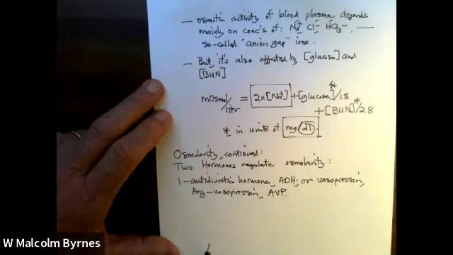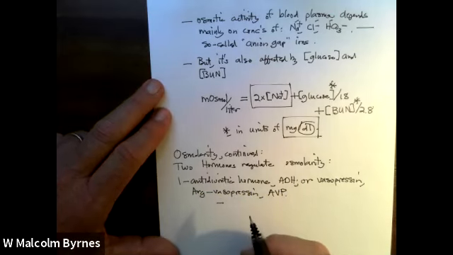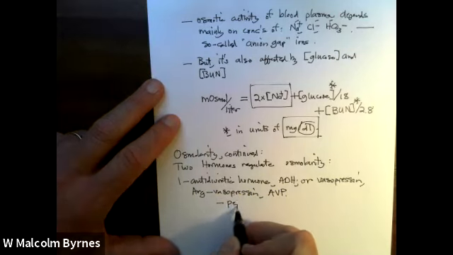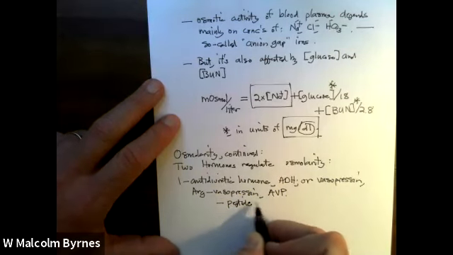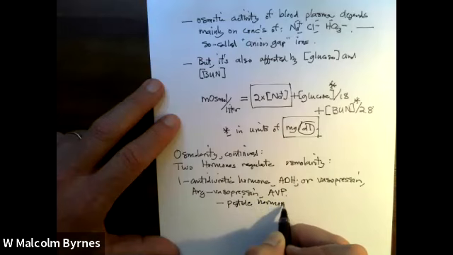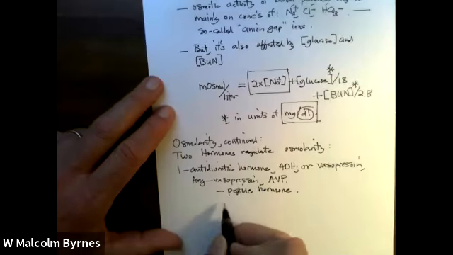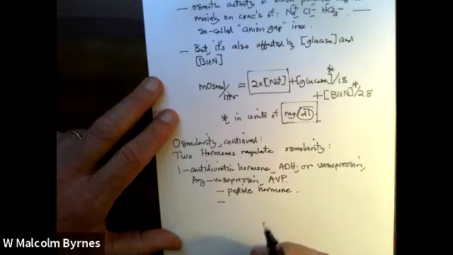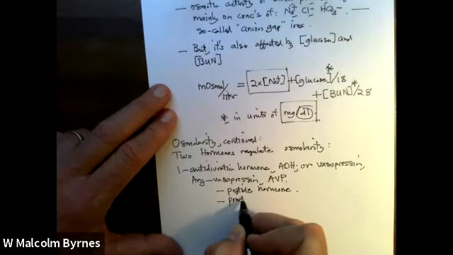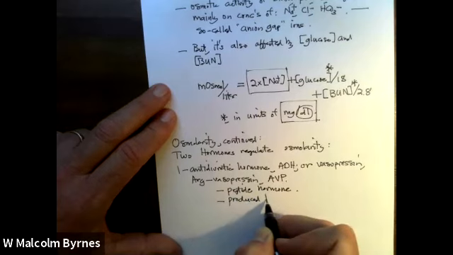So what is ADH? It's a peptide hormone. It is produced by the hypothalamus and stored in the posterior pituitary.